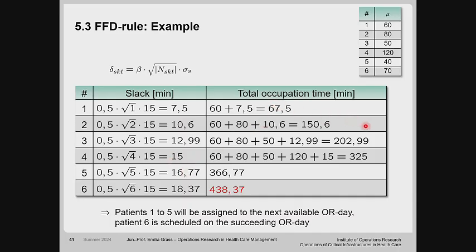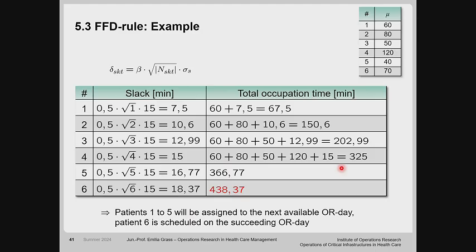Then we sum up the occupation time, and the fifth patient ends after 366 minutes and 77 seconds. That means the last patient, who requires 70 minutes, cannot be assigned to this operating day anymore. Because we try to avoid overtime, we assign the sixth patient to the next day. So the first till fifth patient will be assigned to the operating day, and the sixth one is scheduled to the next operating day.